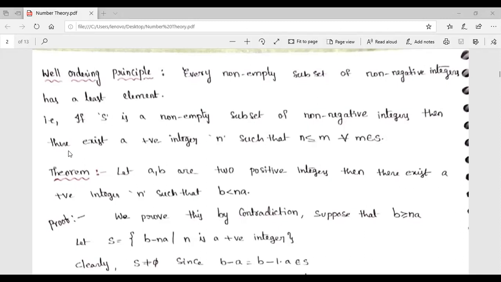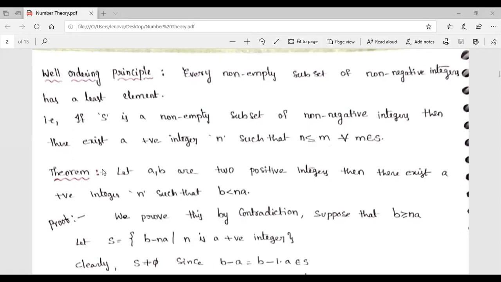Then there exists a positive integer n such that n is less than or equal to m for all m belongs to S. So n is the least element in the non-empty subset of the positive integer set. The condition shows n less than or equal to m. Here n and m both are elements of S, but n is the least element when compared with other elements in S. That is called well ordering principle.